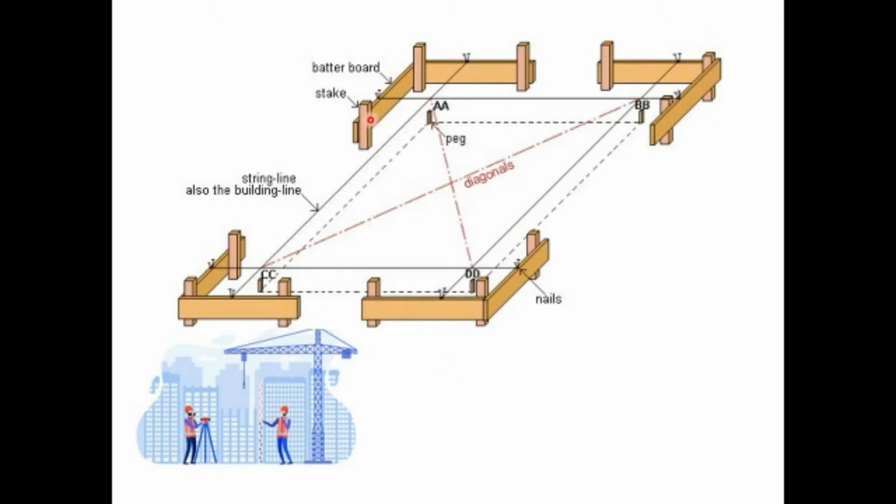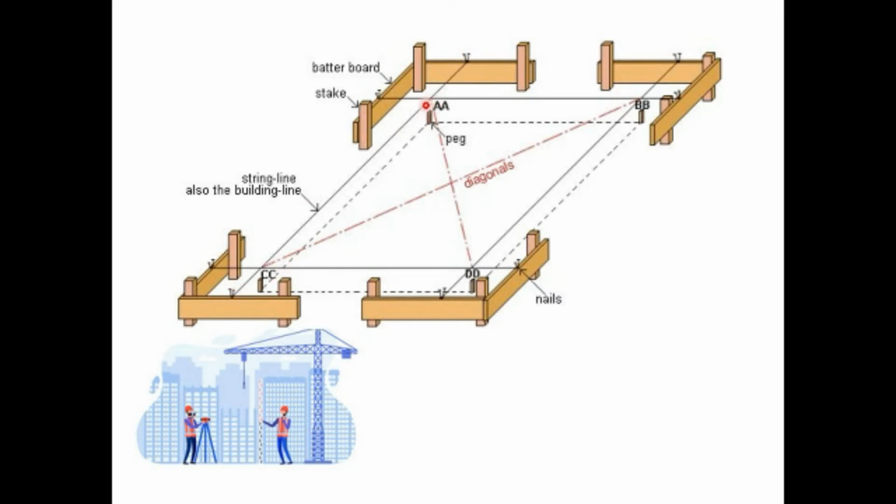The batter boards are constructed beyond the real line where the wall will be constructed para hindi magbump in sa kanila yung mga construction equipments kapag ginagamit. Then to determine the real wall line, we can use strings which is fastened on the edge of the batter boards by using nails.